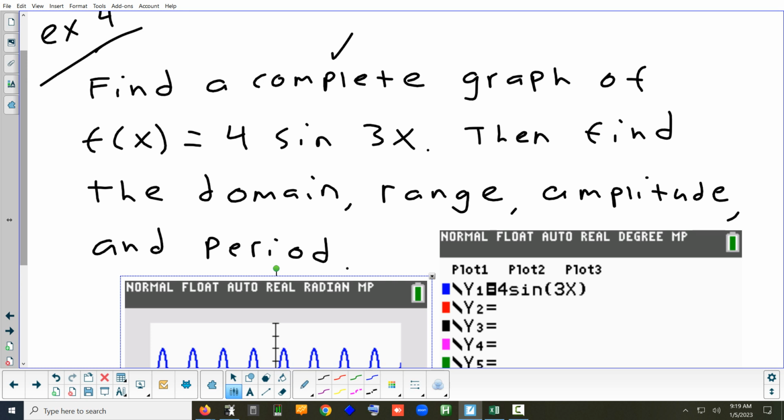My calculator is very messed up. I put in radians and it's doing weird up and down, changing the heights of each wave. You typed it in exactly like that, 4 sine, and then in parentheses 3x? Go back to y equals. There are some funny symbols there.